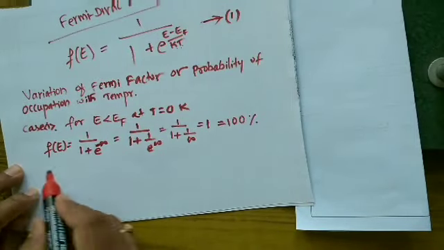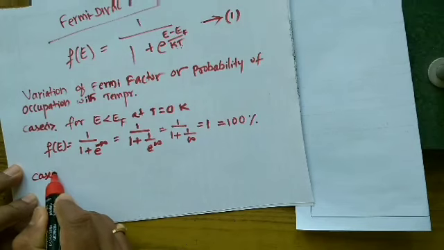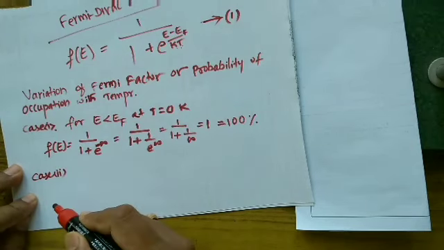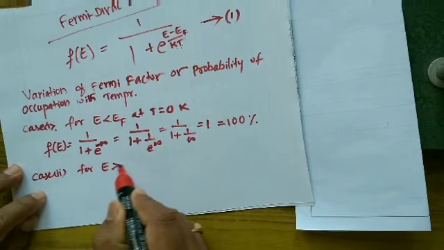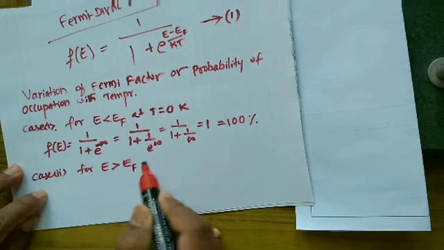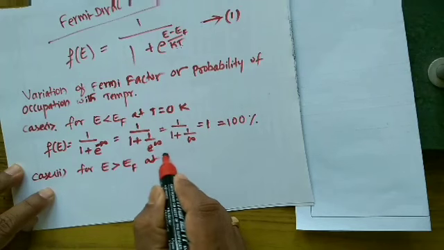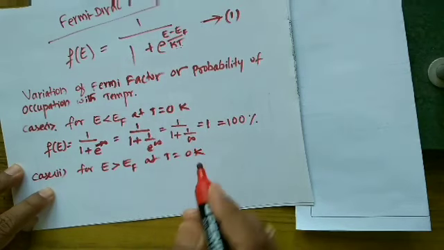And now let us take the second case, case number 2. That means for energy levels above the Fermi level at the same temperature, that is at 0 degree Kelvin.